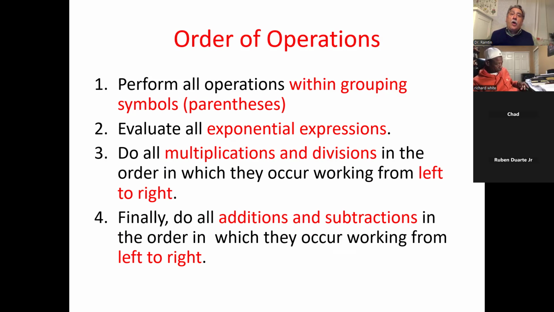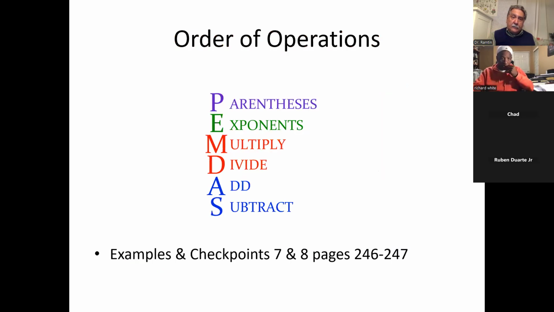We perform all the operations within the grouping symbols, parentheses. We evaluate exponential expressions. Then we do multiplication and division, working from left to right, and then we do addition and subtraction in the order in which they appear, again working from left to right. So you have parentheses, exponent, multiply, divide, add, and subtract from left to right.